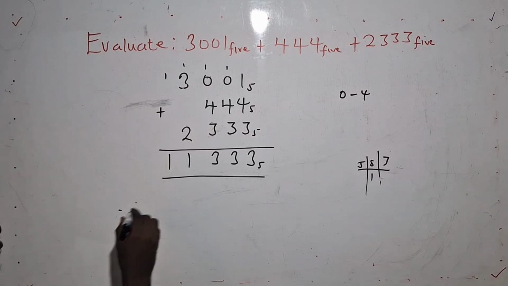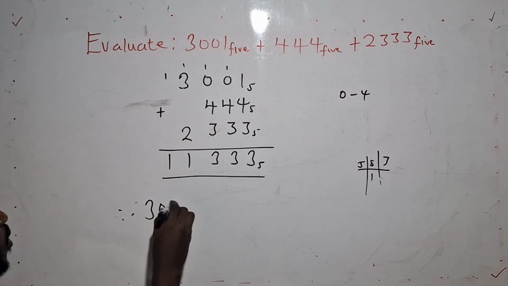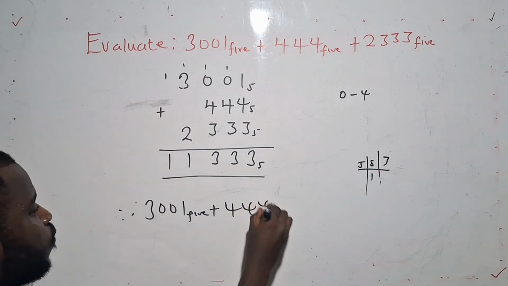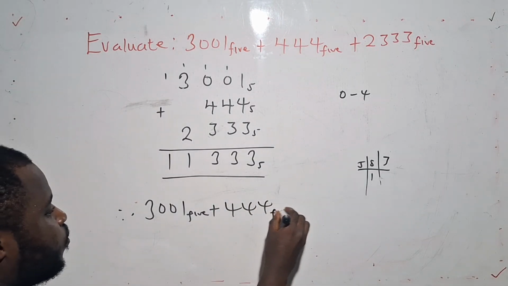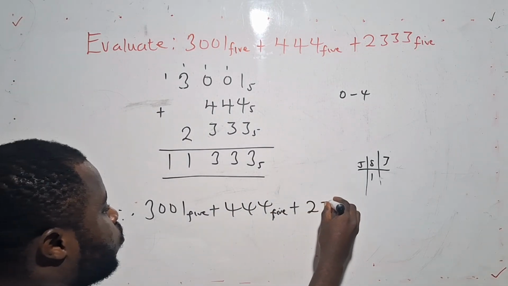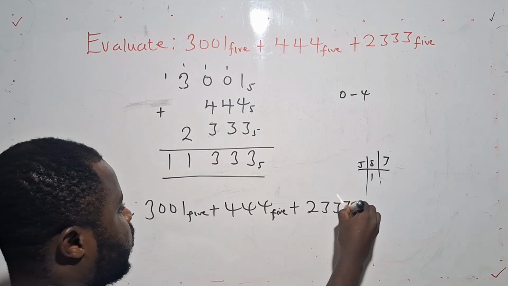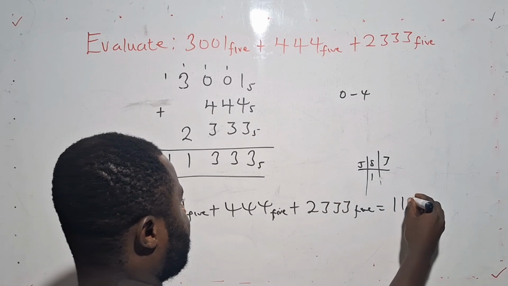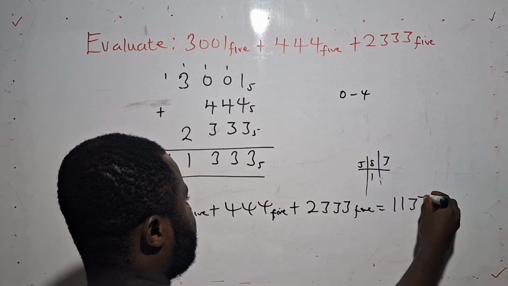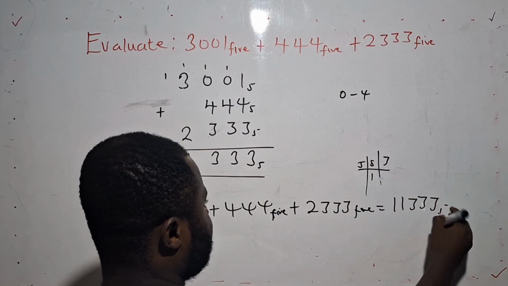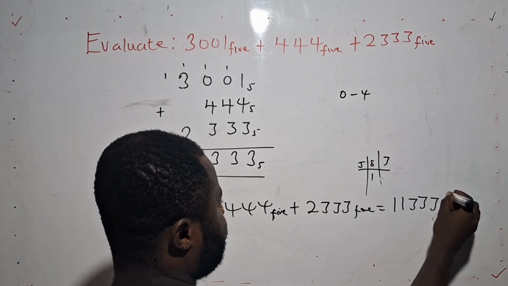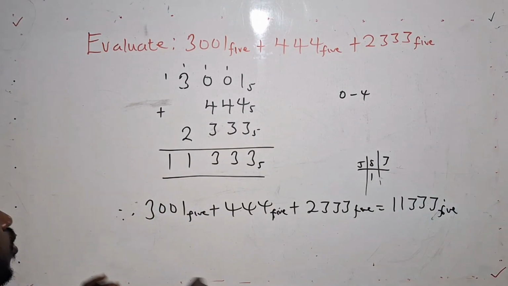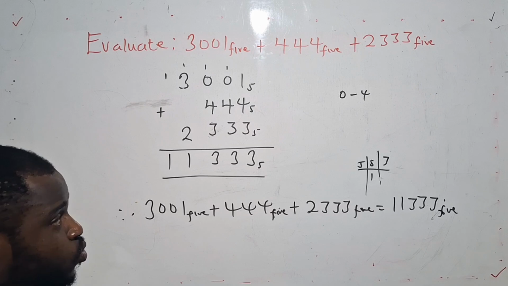So we can conclude by saying 3, 0, 0, 1 base 5 plus 4, 4, 4 base 5 plus 2, 3, 3, 3 base 5 will give us 1, 1, 3, 3, 3 base 5 as our final answer. Yes, so this is how it is also solved.